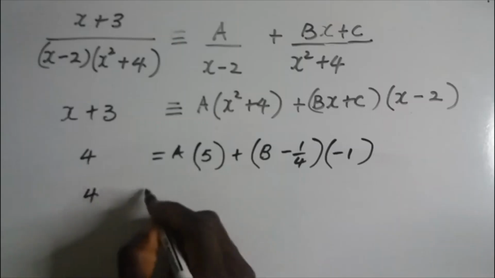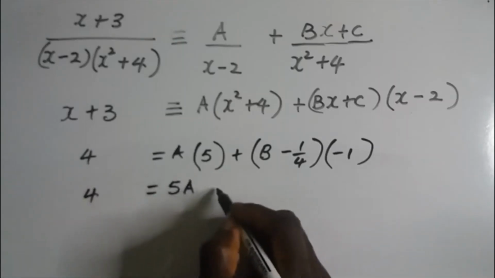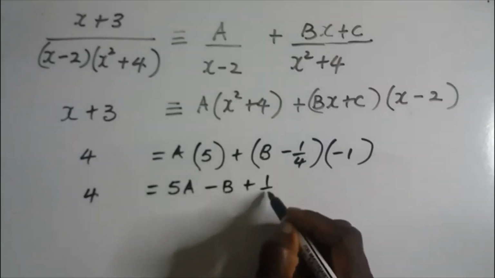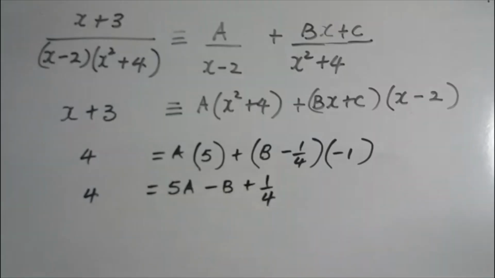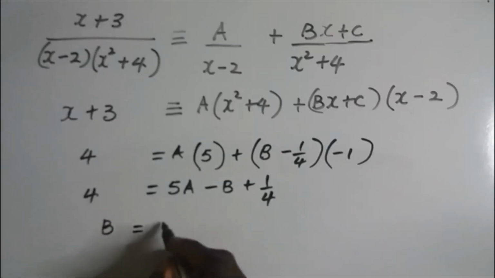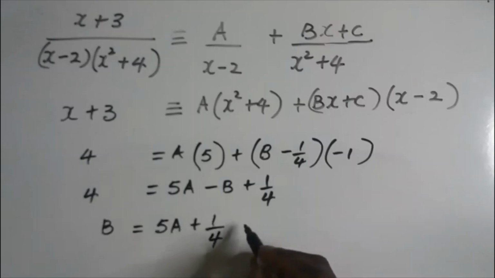If we simplify this, we have 4 now is equal to 5a minus b add a quarter. We can substitute for a, and now we need to find b. Well, let's just rearrange. We have b is equal to 5a add a quarter minus 4.